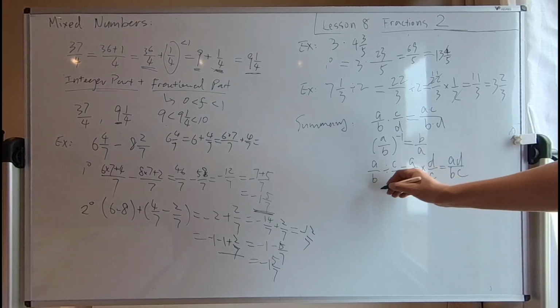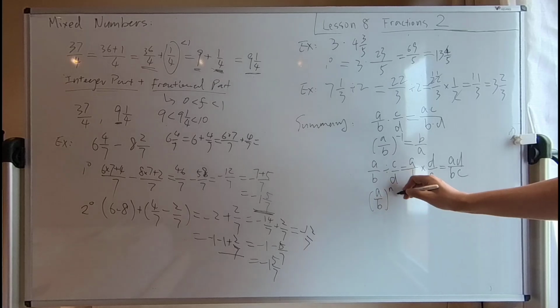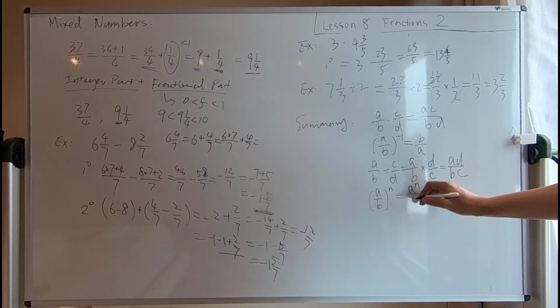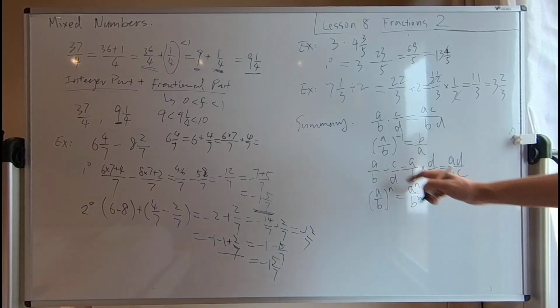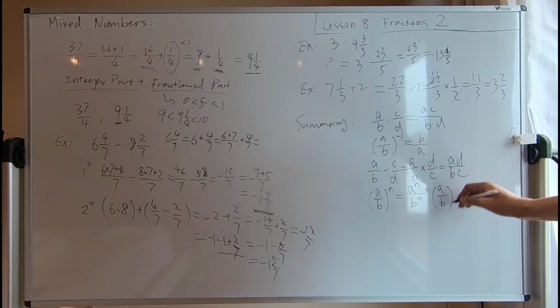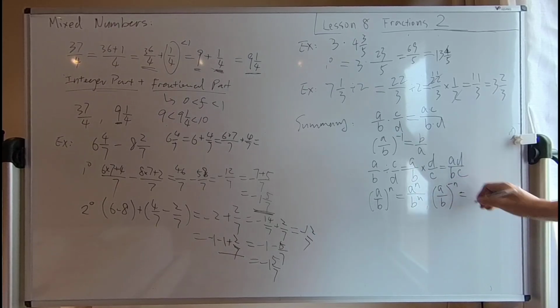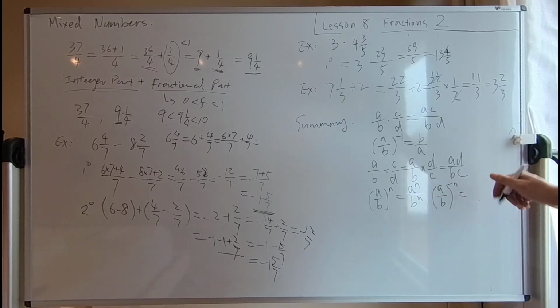What else do we have? We have powers, raising to powers. A over b to the nth power can be written as a to the nth power over b to the nth power. And then similarly, a over b to the power of minus n is the reciprocal of the nth power, so that's b to the nth power over a to the nth power.